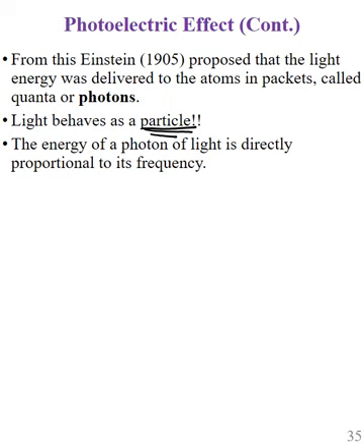At this time, they thought light was a wave. So they thought light looked something like this. But what they saw was light was kind of like a particle. So it would hit the electrons, and then you could get the electrons being emitted if it had enough energy to do so.